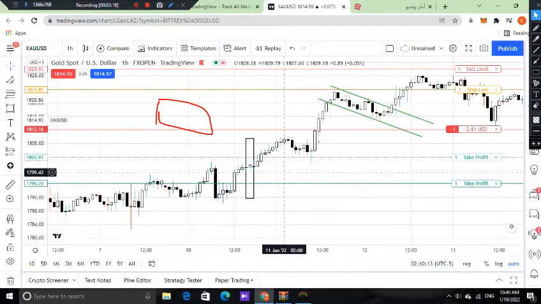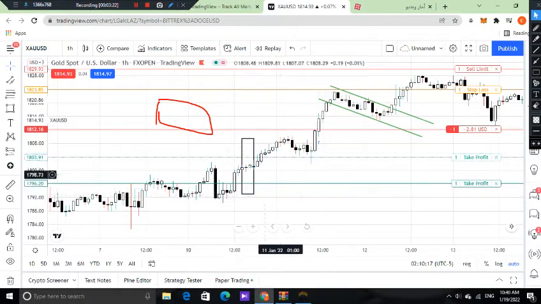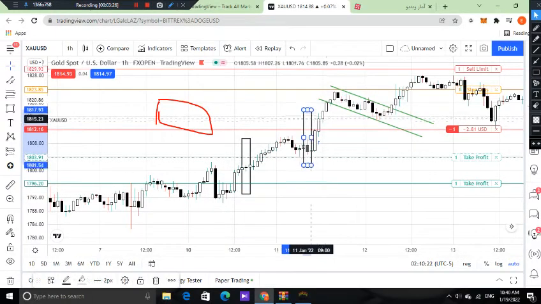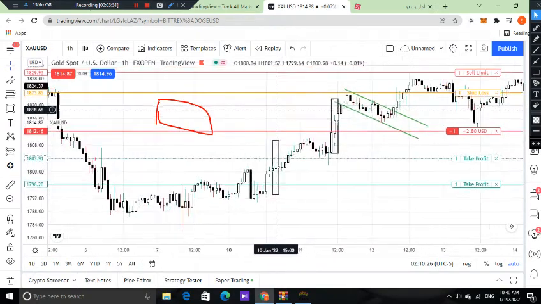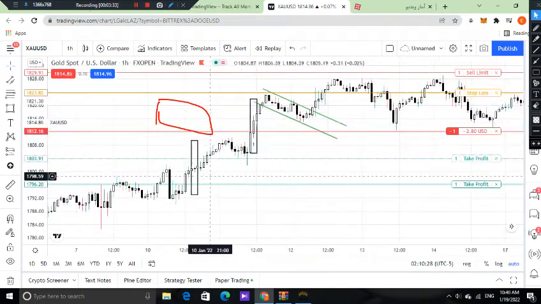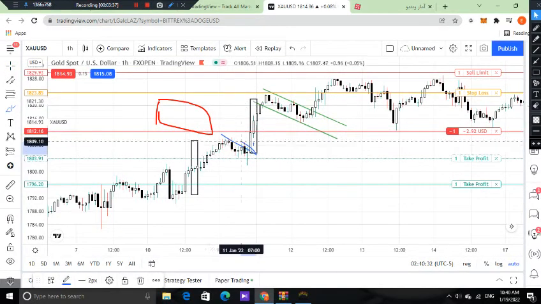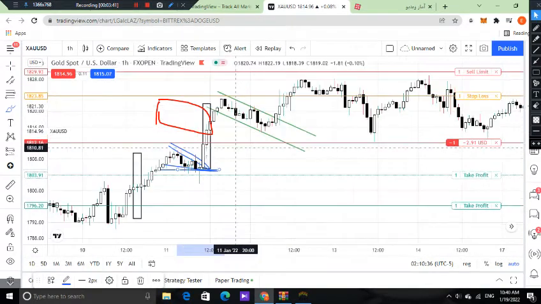But otherwise, you can expect to see price in a trading range or trend reversal, like this. We had, I don't know, a wedge, whatever, or a triangle.